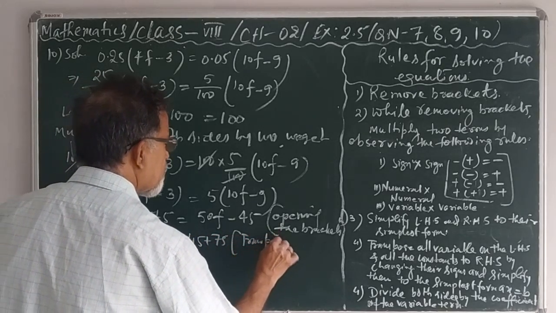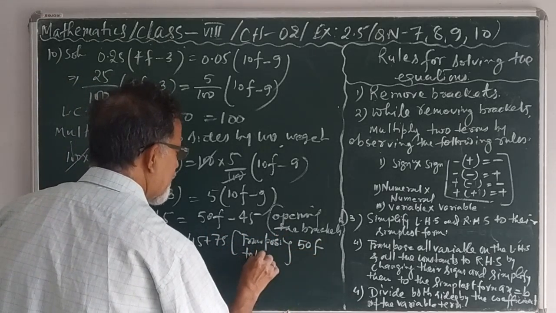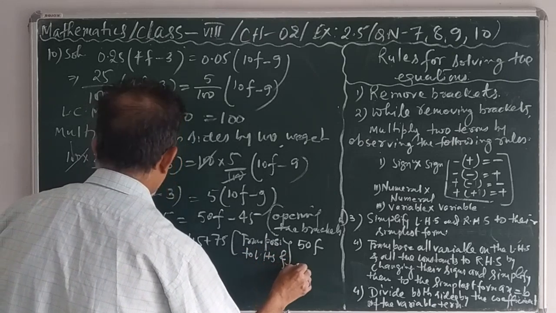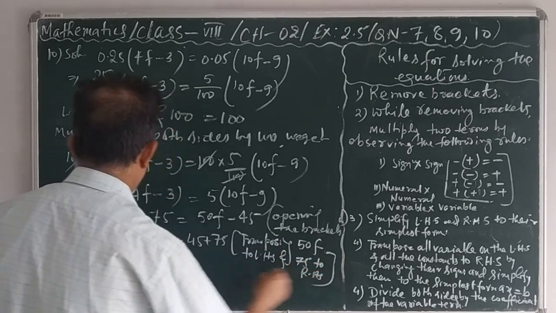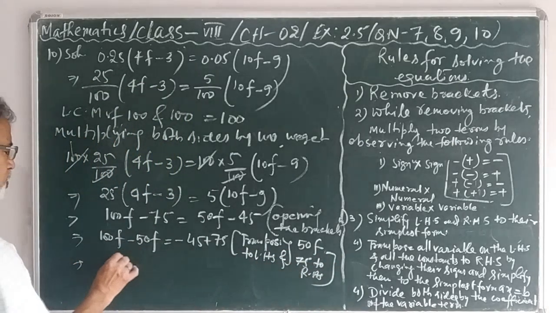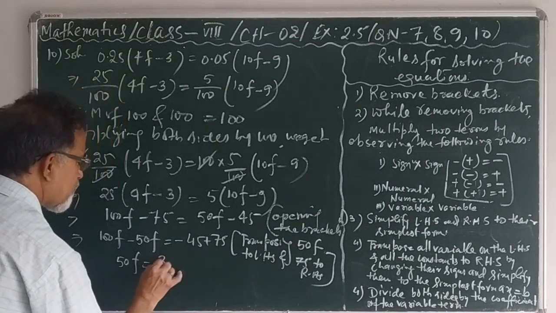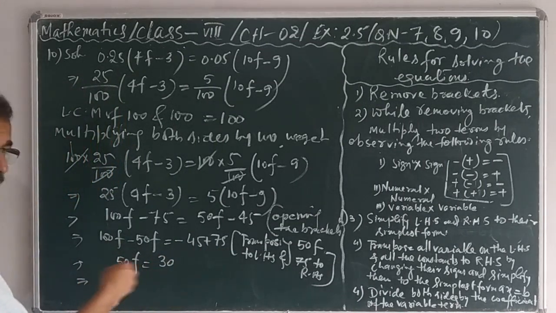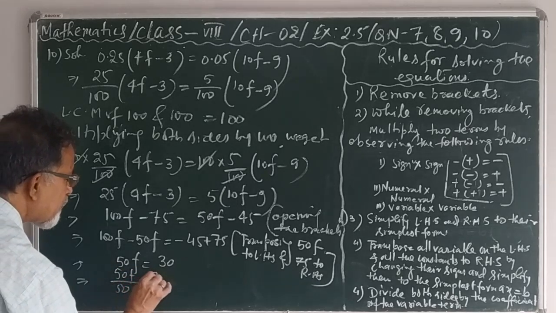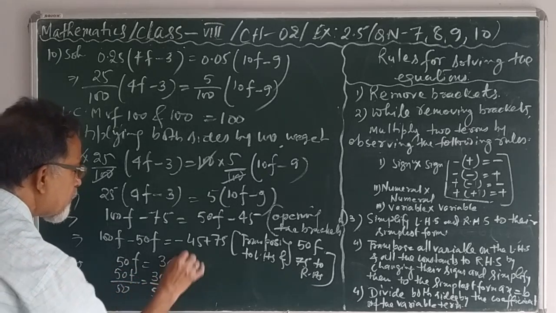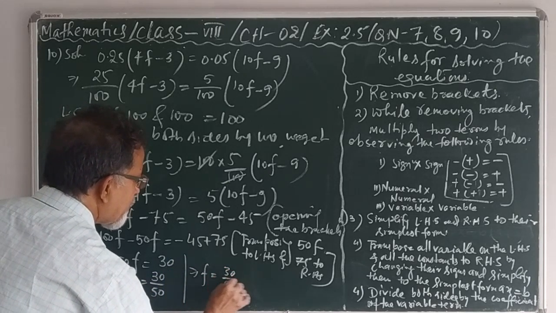Transposing 50f to LHS and 75 to RHS. 100 minus 50 is equal to 50f, minus 45 plus 75 equal to 30. Divide both sides by 50 here. This is f equal to 30 by 50.